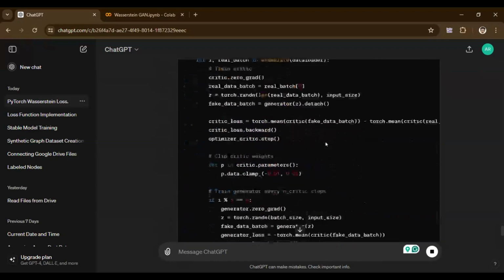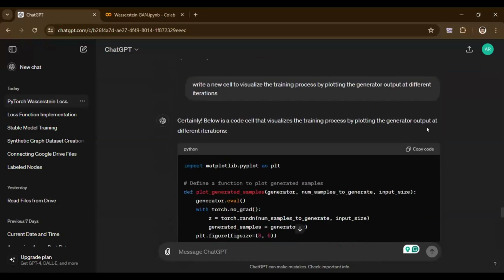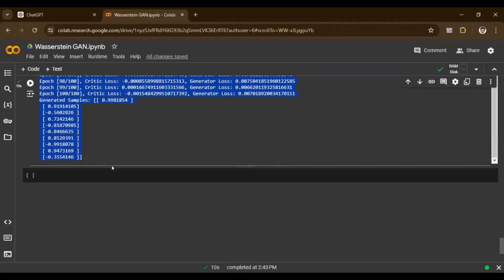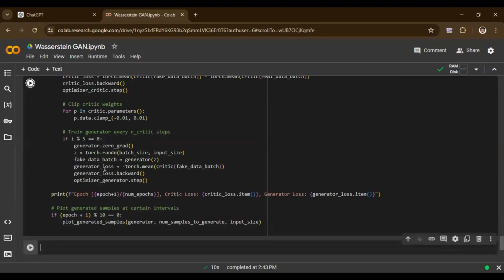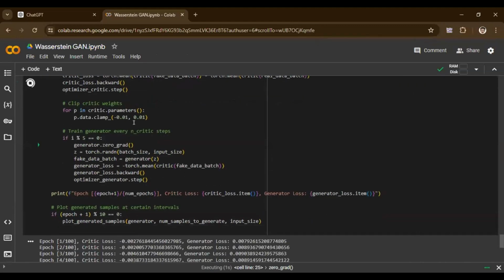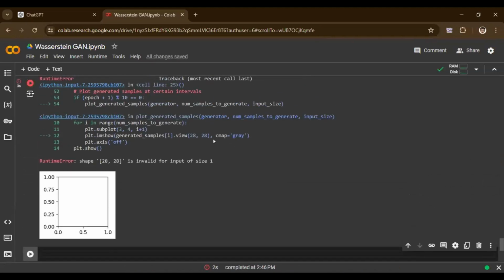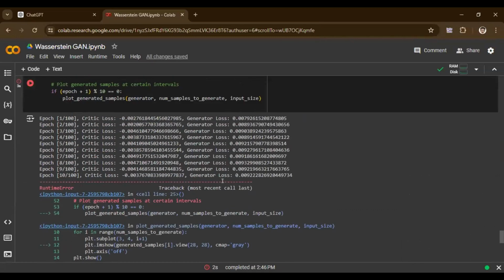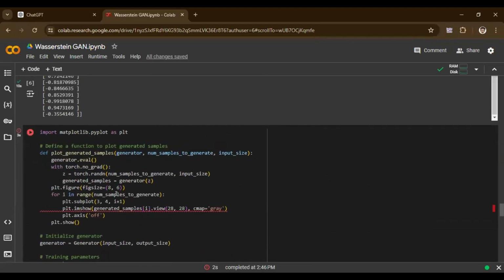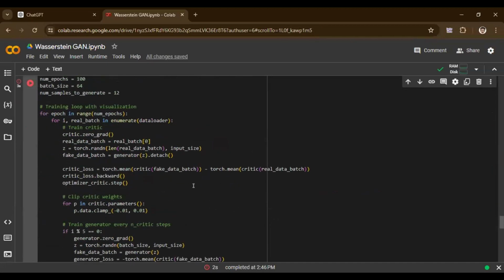It is creating the function again. Hope we can see it better on this one. Shape 28, 28 is invalid for input size 1. We will do some bug fixing for this one, also with ChatGPT.